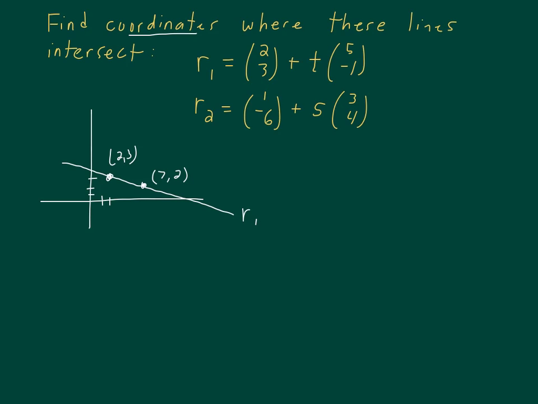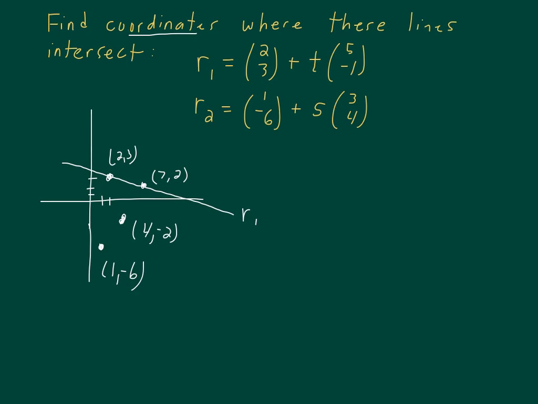Now, if we were to graph r sub 2, let's plot the point (1, -6). So let's say that's down here. Okay, so here is my (1, -6). If I apply my direction vector of (3, 4), it means I would have to add 3 to the x and then 4 to the y. So my new point, if I were to do that, would be (4, -2). Okay, so I'll put that point right here.